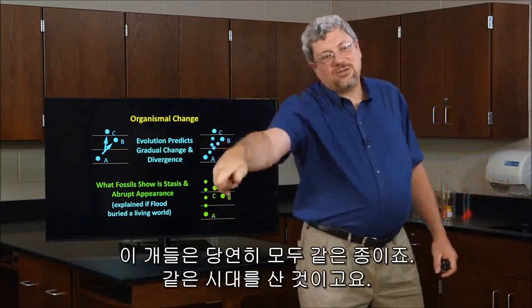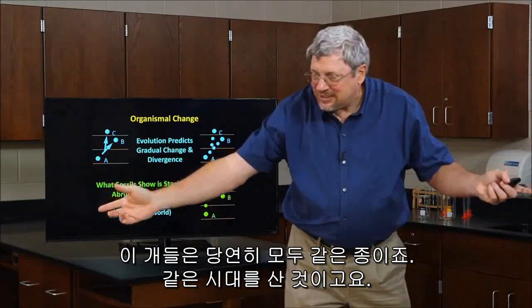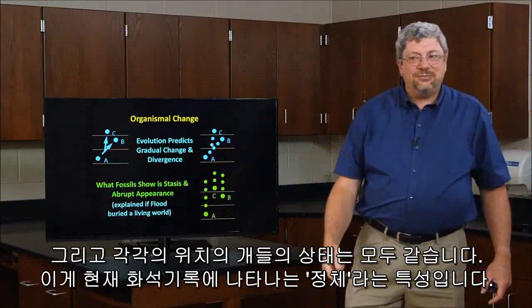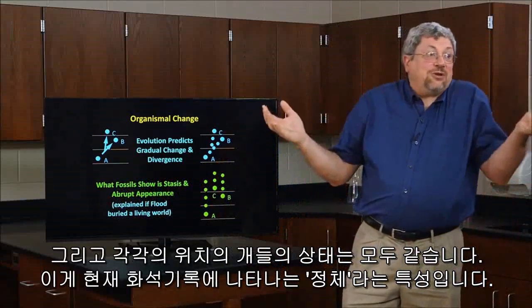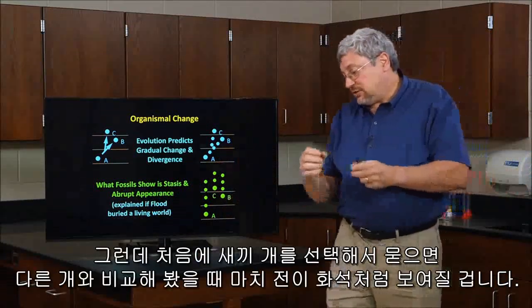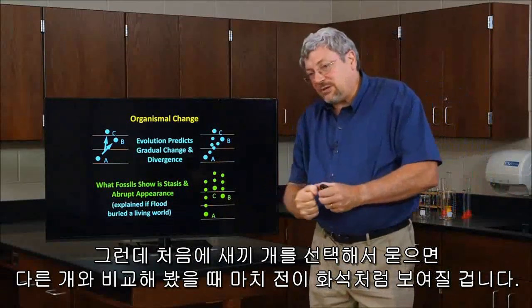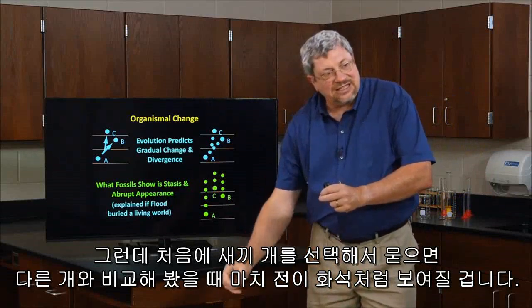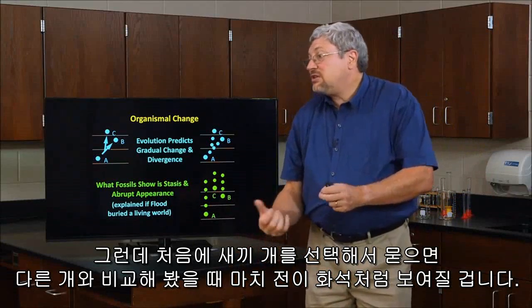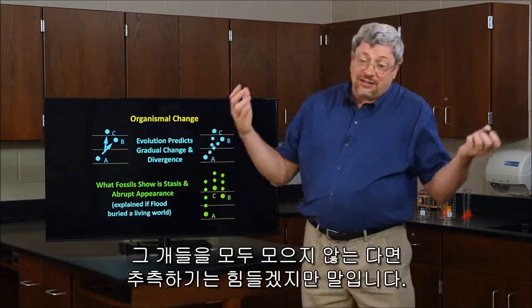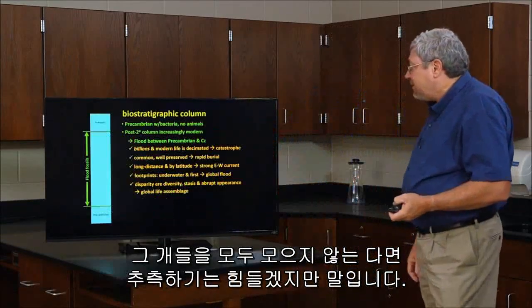Since it's all from the same species, because they all lived at the same time, they should not change up through the record. You would expect stasis with a flood model. Also, what's the likelihood that the first time you picked up that dog, there would be any other fossils that had just been laid down that look like you're transitioning into a dog? That would be extremely improbable, if not impossible altogether.